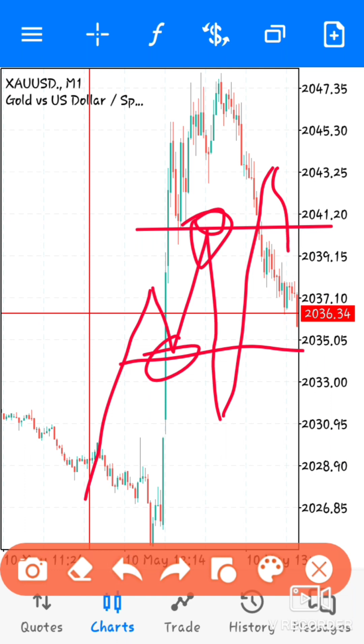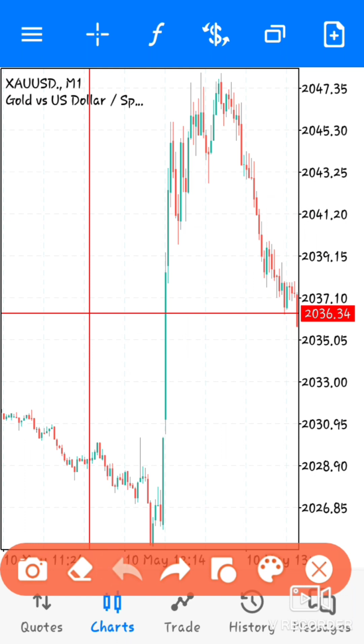So once price came down and broke this previous resistance, which is now support, upon the retest you sell. All right, so that's how simple it is. Apply the 3 entry patterns once you see them being played out.